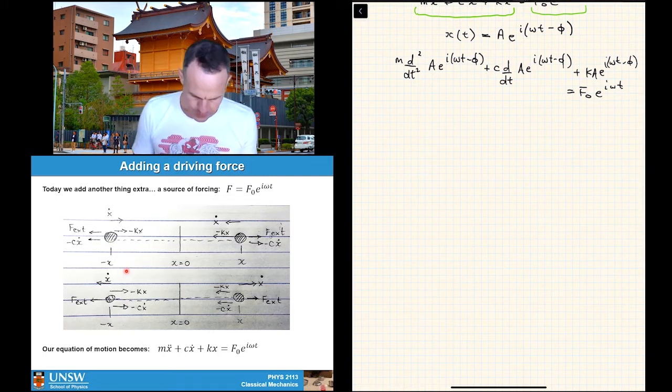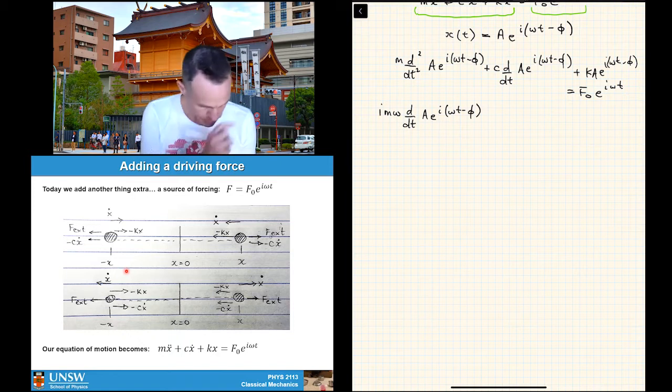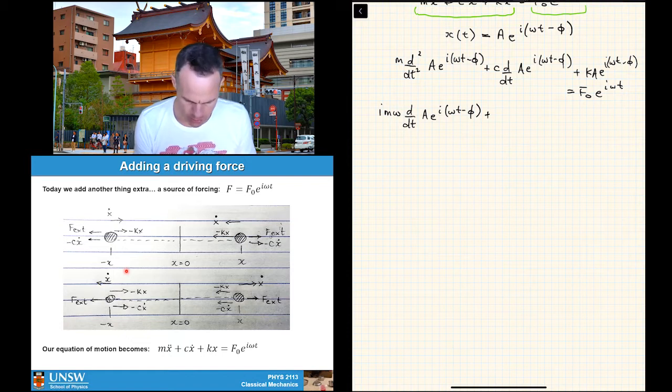So if we take this term out the front, we will get an i m ω d/dt of A e^(i(ωt − φ)). This term in the middle here will give me plus i c ω A e^(i(ωt − φ)).